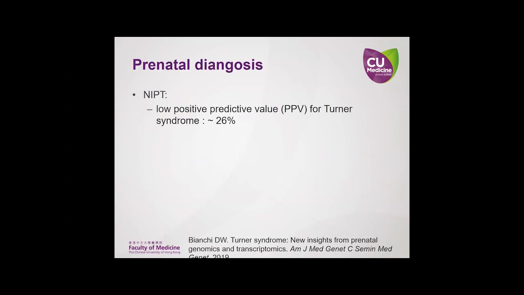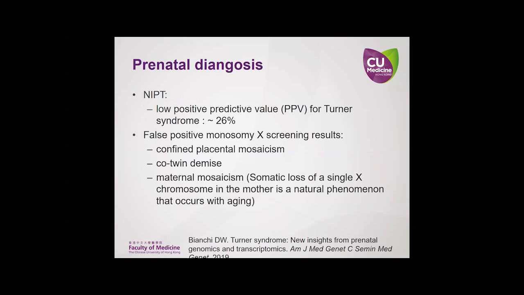There is a low positive predictive value for Turner syndrome in NIPT. I think this is a well-known phenomenon, because false positives for monosomy could be related to different conditions. It could be a confined placental mosaicism. It could be a twin demise, but more importantly, maternal age is also an important factor.